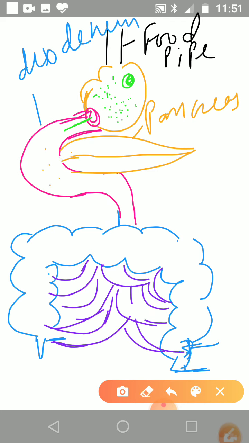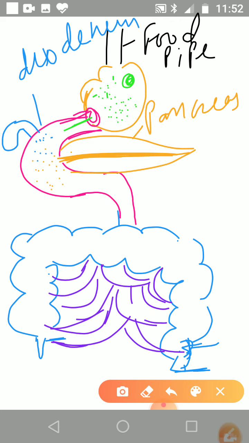This is the duct of the pancreas. And there is another gland, the liver, which has the gallbladder. This gallbladder also releases its secretion into the duodenum part. So the duodenum is the wider part of the small intestine.